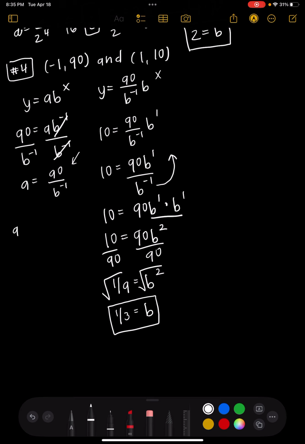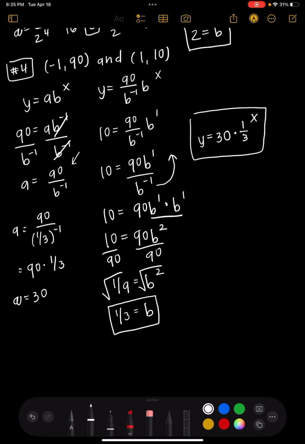So I'm going to have a is equal to 90 over 1/3 to the power of -1, which, remember, is the same thing as saying 90 times 1/3, which gives me 30. So we know that a is 30, which means my overall final equation would be y is equal to 30 times 1/3 to the power of x. And there we have it. This is how we write exponential equations.